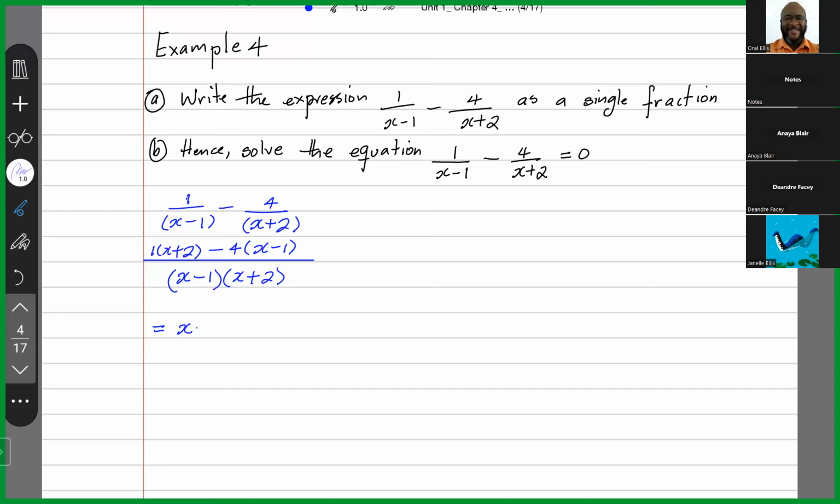Then we're going to simplify the numerator. Distributive law: 1 times x is x, 1 times 2 is 2, minus 4 times x is minus 4x, and minus 4 times minus 1 is positive 4. And of course, this is still over x minus 1 multiplied by x plus 2.